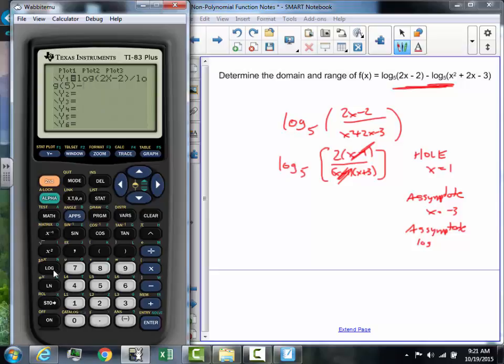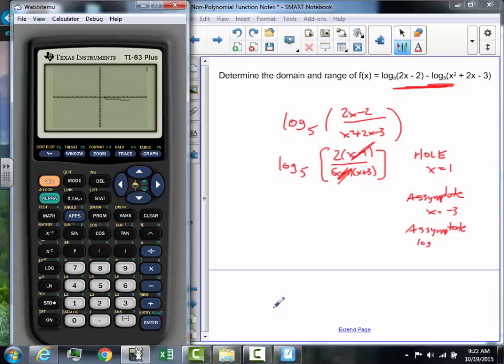And then I'm going to subtract the log of x squared plus 2x minus 3, and then again divide by log 5. Everybody okay so far? Okay, so now I'm going to graph this thing.